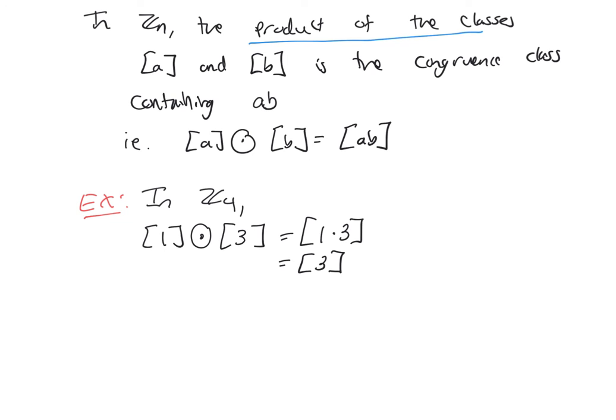Let's look at another example. So if we take the equivalence class of 2 times the equivalence class of 3, this would be 2 times 3, the equivalence class of 6.